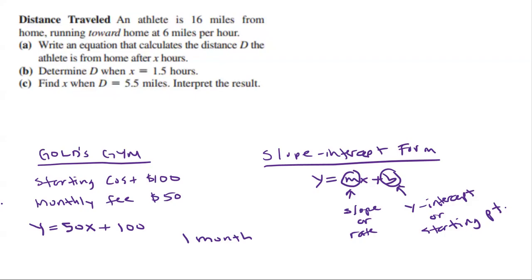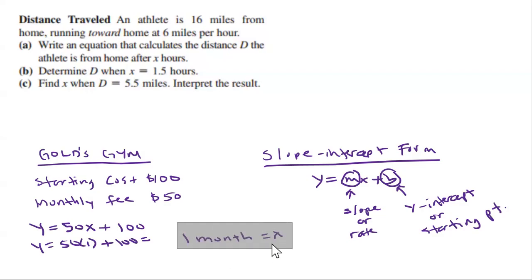What's the total amount that I pay after 1 month? Total amount. 150, right? This is going to be x equals 1, right? So y is equal to 50 times 1 plus 100 gives me 150.